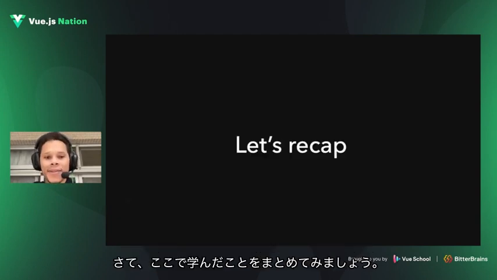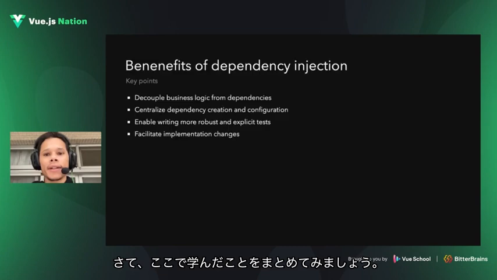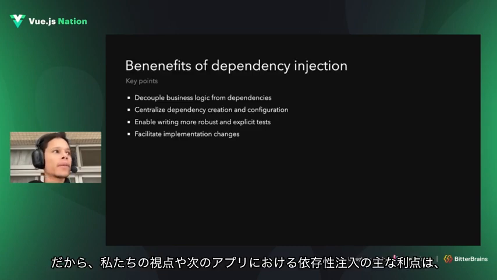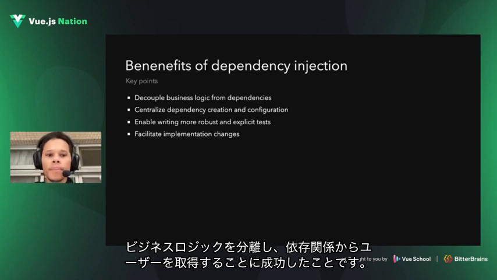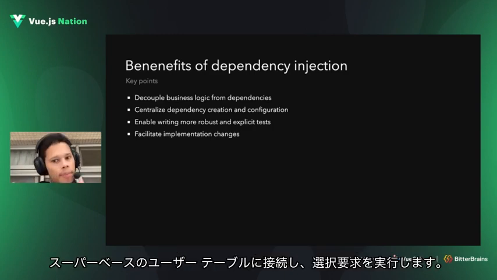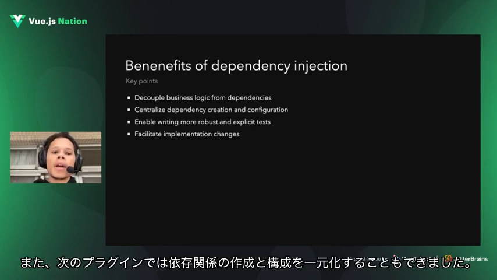All right, let's recap what we learned here. I think the main benefit of dependency injection in our Vue or Nuxt app here is that we managed to decouple the business logic, so fetching users, from the dependency, which is connecting to the Supabase user table and making a select request. We also managed to centralize the dependency creation and configuration in the Nuxt plugin.